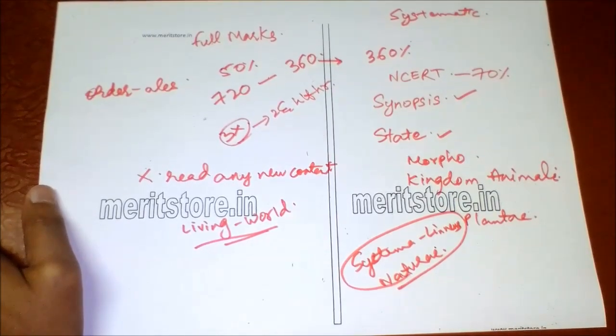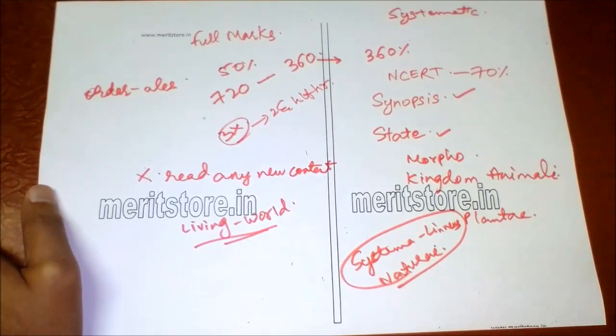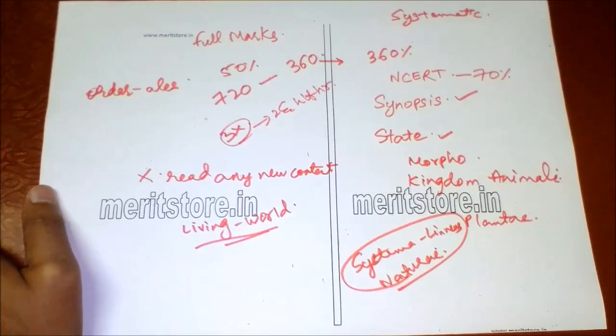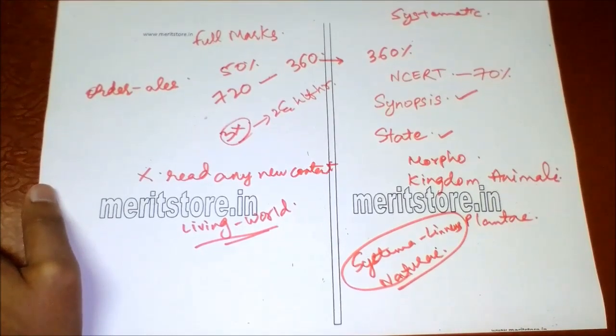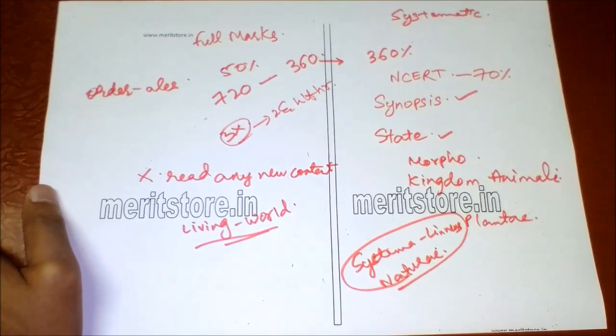Then phylum, we have to remember one example, and kingdom. So the basic unit is the species and the highest unit is the kingdom, which we have to remember. And housefly, mango, their scientific names you have to see through. This is the only thing which we have to remember in this living world chapter.